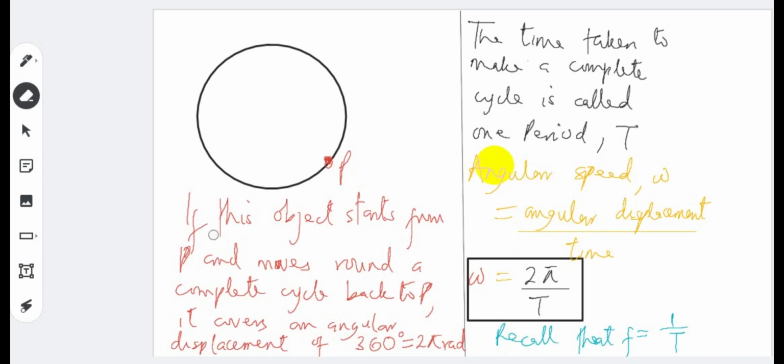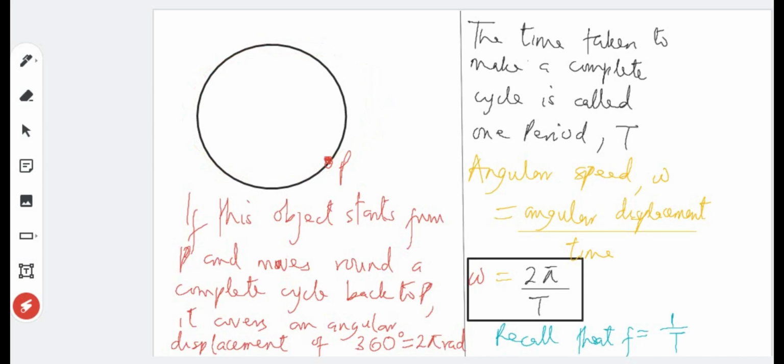Okay, so this time around we're going to look at how circular motion can be applied in practical ways.